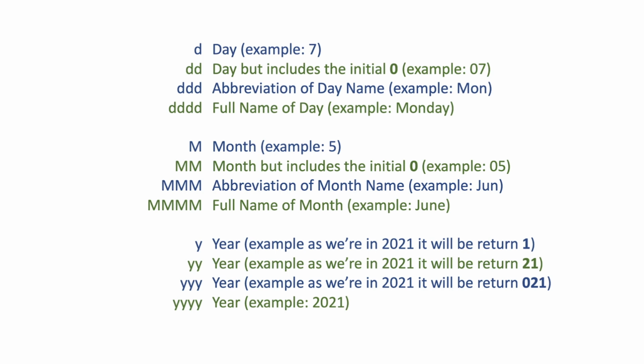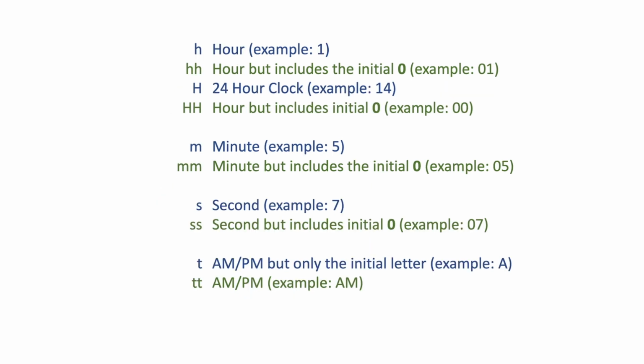So what does this look like then for time? Okay, so for time then, we have h for hour. So in this instance, we have 1 returned to us. But what if we wanted to get back the initial 0? Again, we would just do hh.